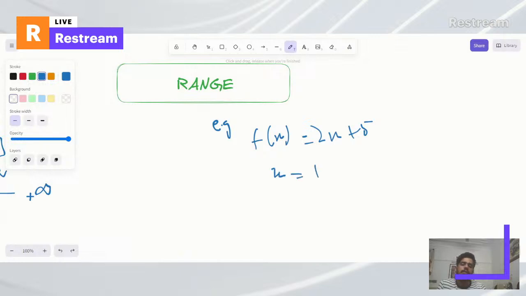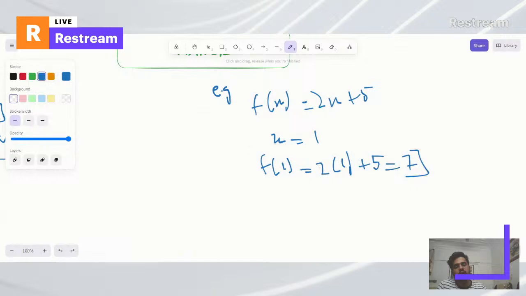If I take x equals 1 and place it in the function, f(1) means the value of the function at x equals 1. So 2 times 1 plus 5, the answer would be 7. This, my friends, is the value of the function. This is what I'm talking about.